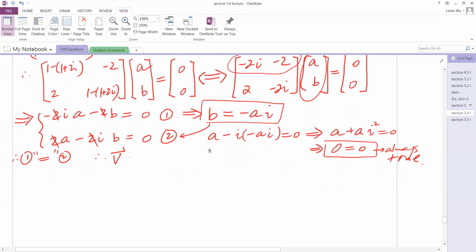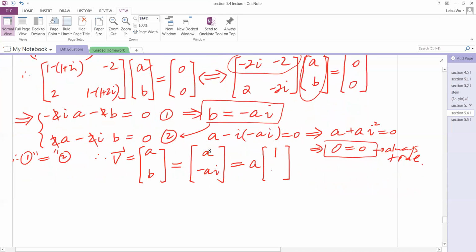So the vector v, which is the eigenvector, can be written as having components a, b, right? And this time I can just replace the b by negative ai. Good? Let's pull out the a.